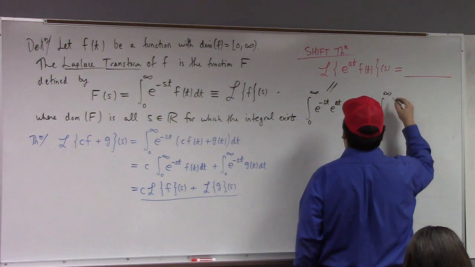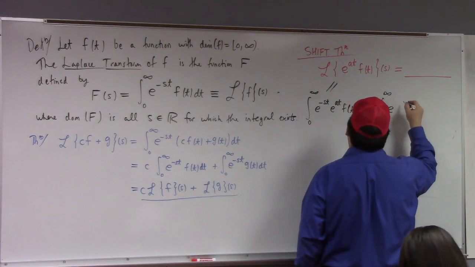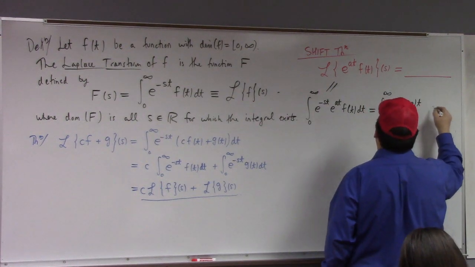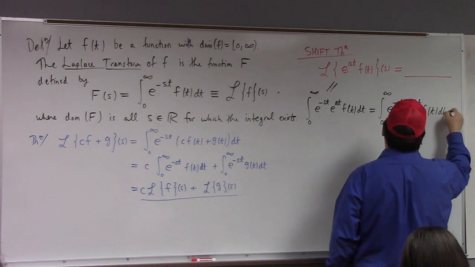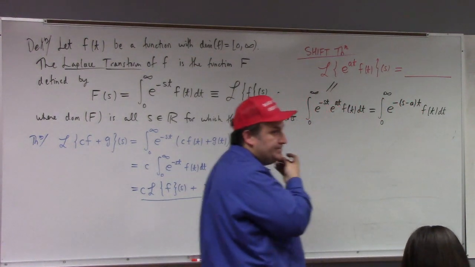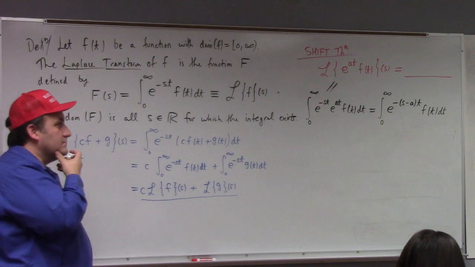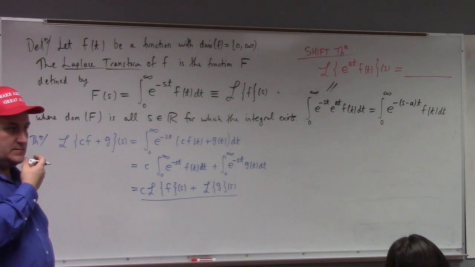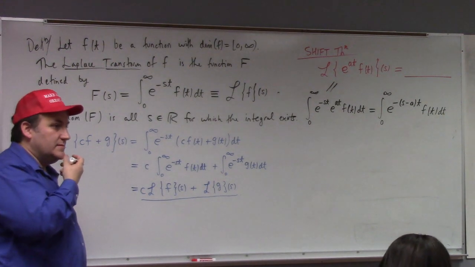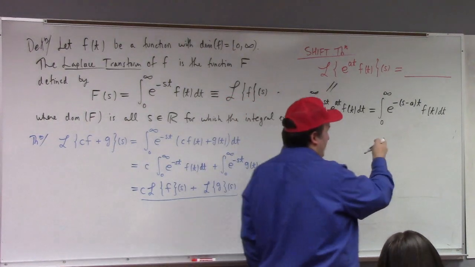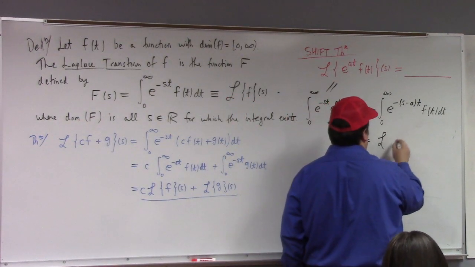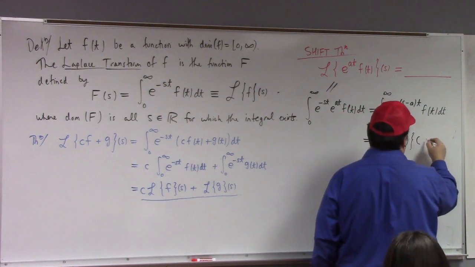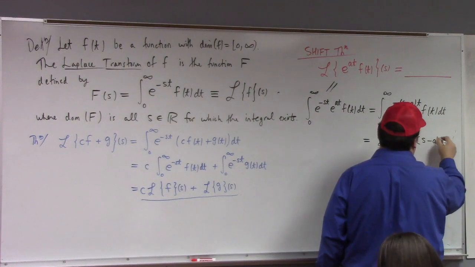This is the integral from 0 to infinity of e to the minus (s minus a) t f of t dt. Now we're done. See, because this is the Laplace transform of f of t evaluated at s minus a.